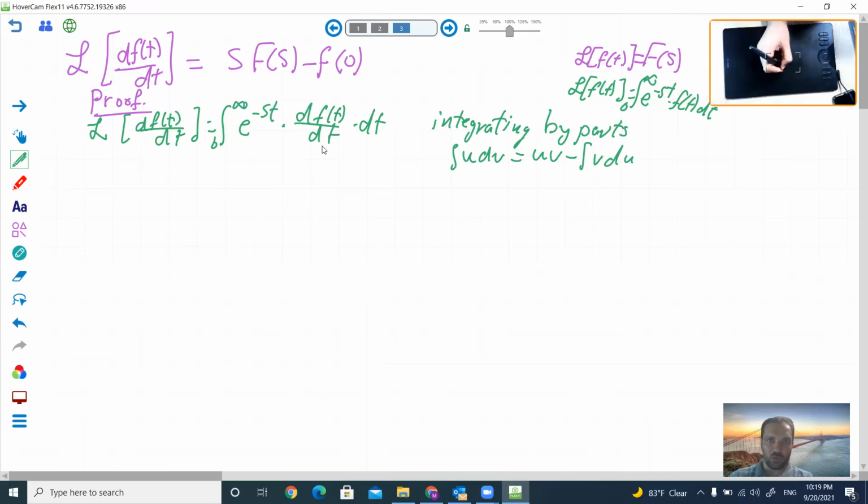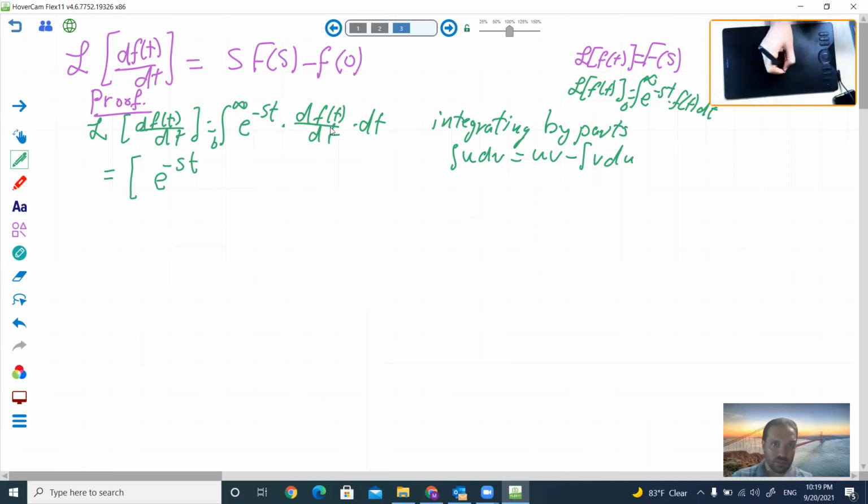So it will be equal to uv. This is u as it is. For v, we have to integrate dv.